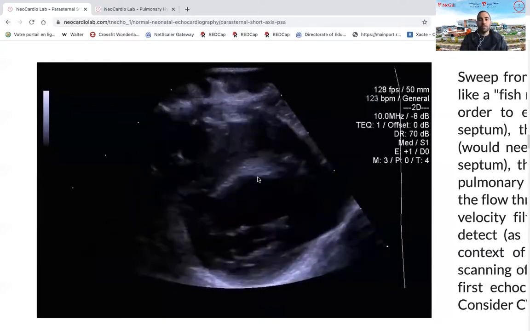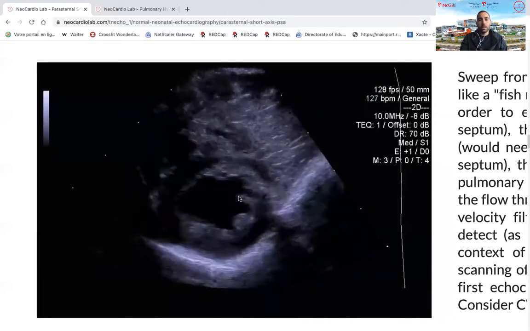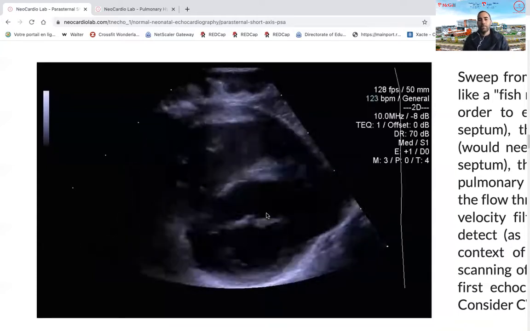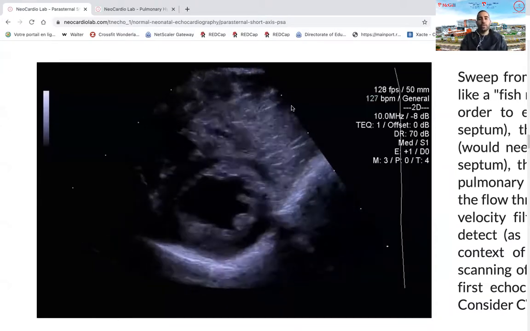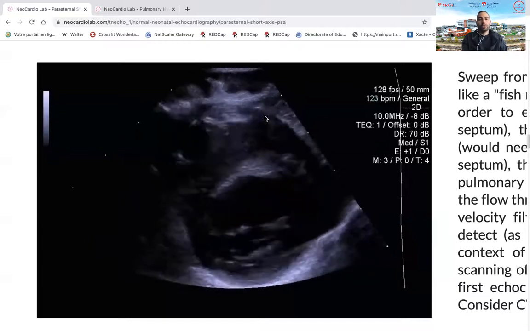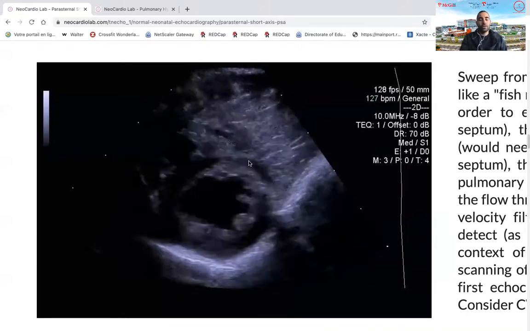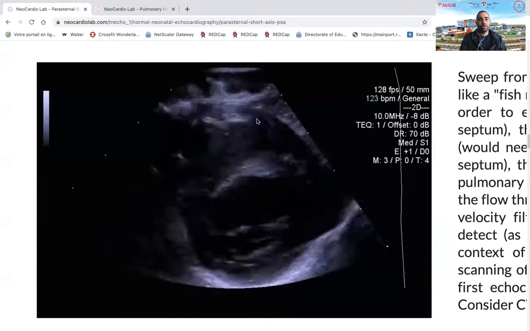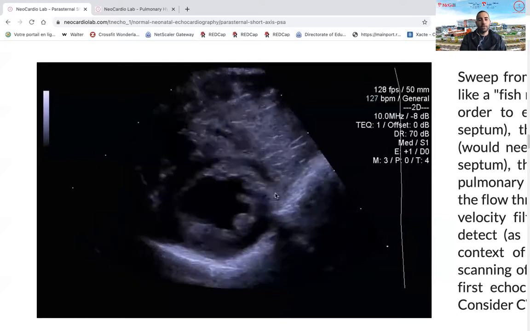And already on sweeping, I can kind of see that there's a small area here, where I would suspect that there might be a small muscular VSD. So when doing this sweep, what you want to make sure is that you're oriented in a way that you will have your RV in the anterior portion of your image, and that you have your LV that is outlined posteriorly.